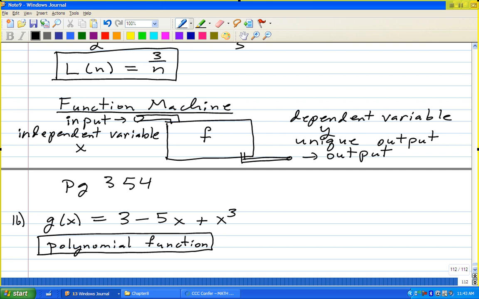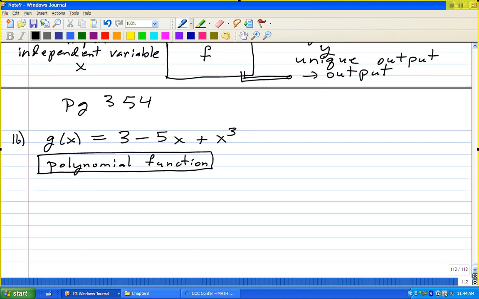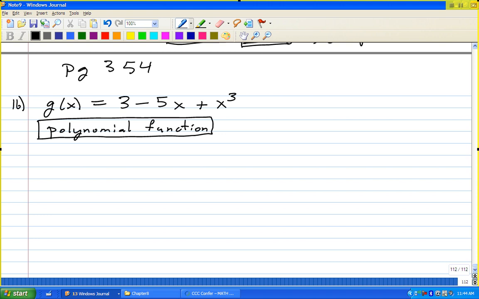It could be called a piecewise defined function where there's only one piece. It could be called a rational function where the denominator is one. Things of that sort. It could be called a radical function where your exponent is a power of one. But we would normally classify this as a polynomial function. So even though it may, quote unquote, technically satisfy other things, you want to give the standard terminology.